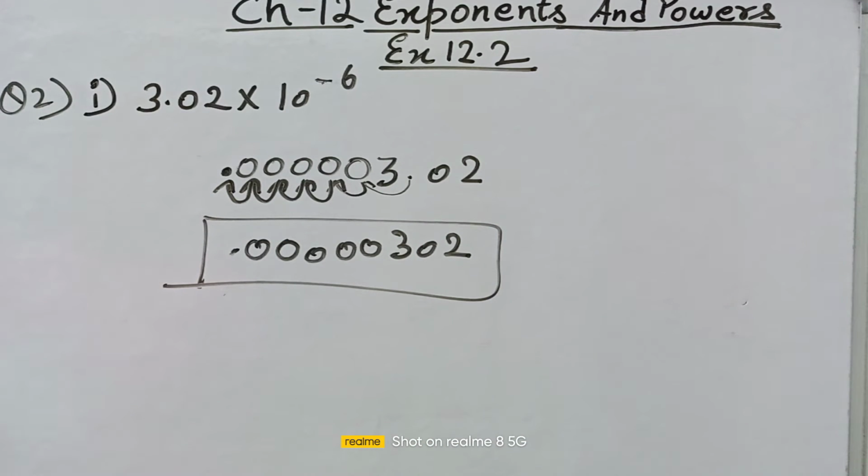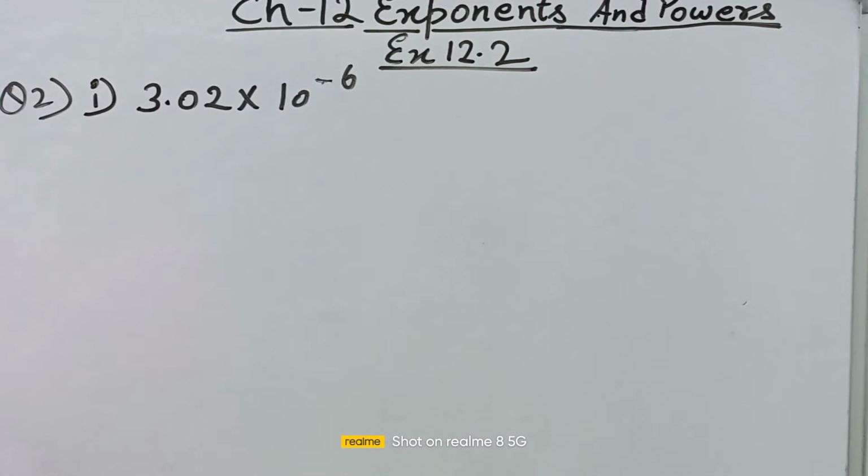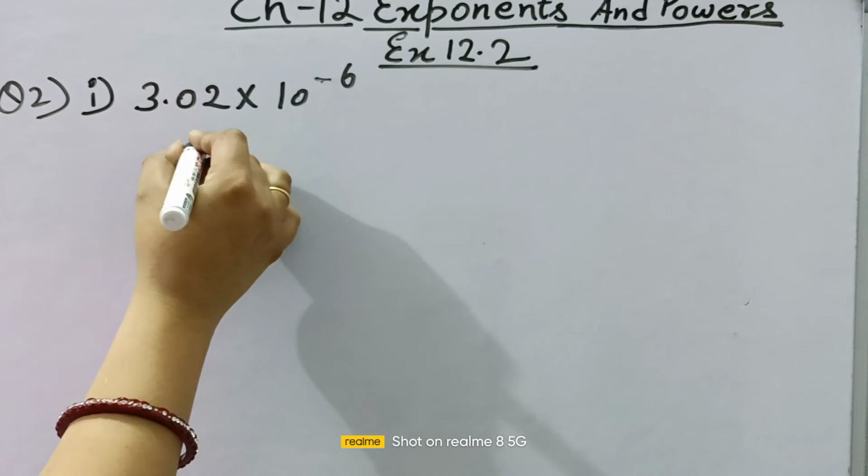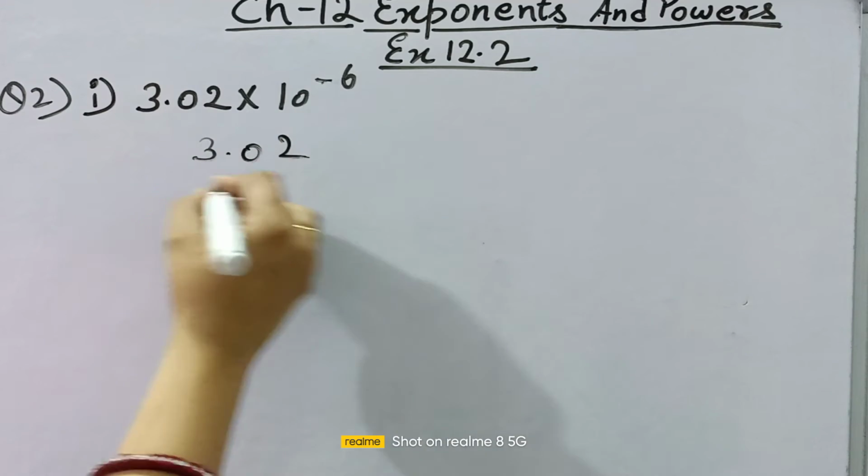Correct? Or you can do it the standard way. This is a negative exponent, so you can write it in the denominator.